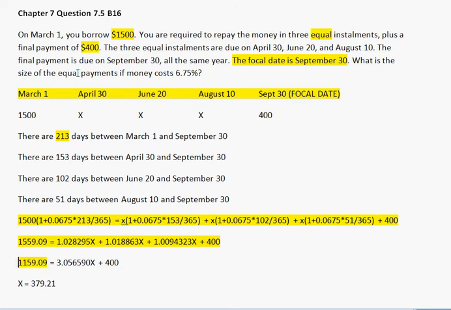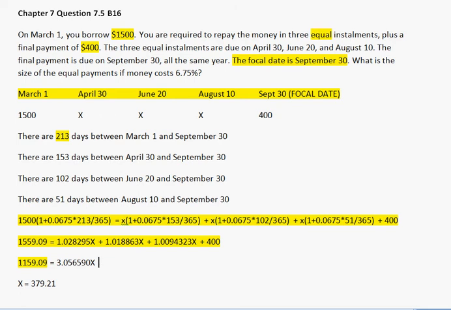1159.09. Thirdly, because these 3 terms are all in terms of X, we can just add them together. So that leaves us with 3.05690X.